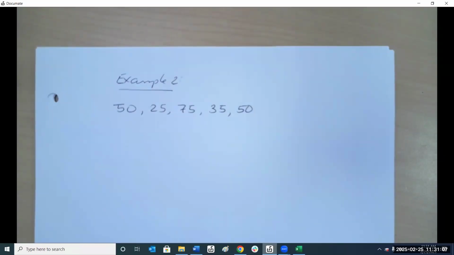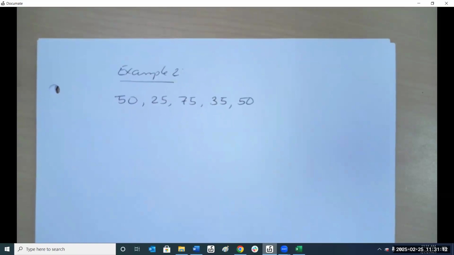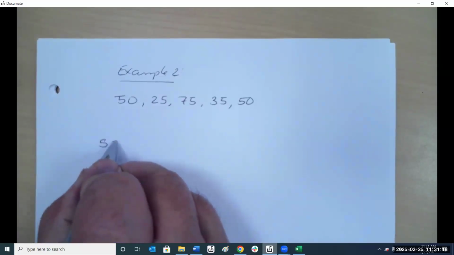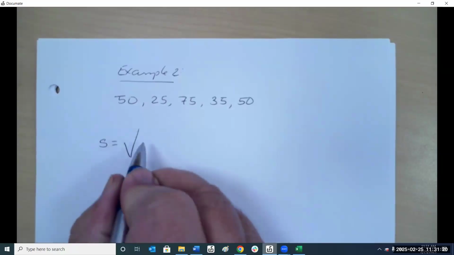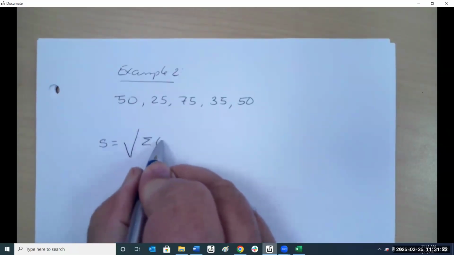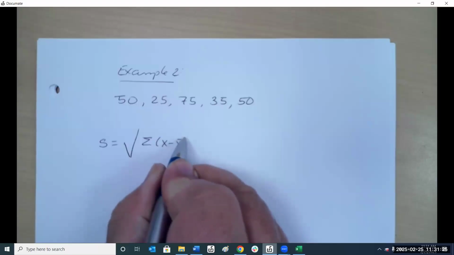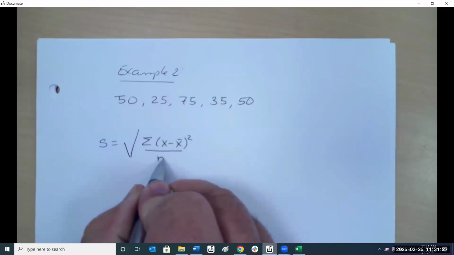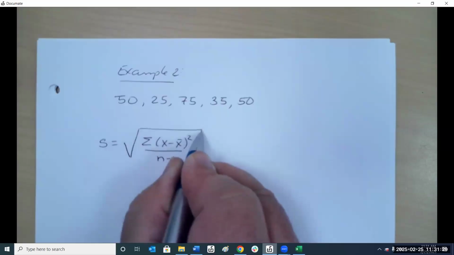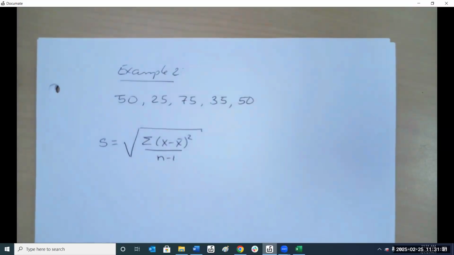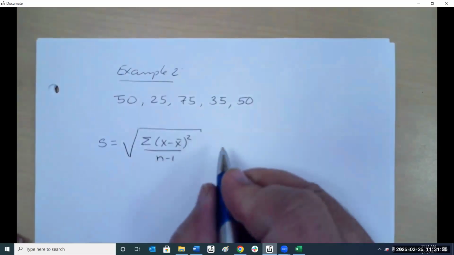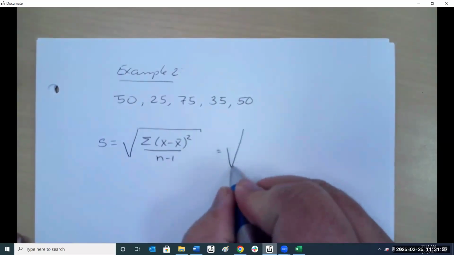But let's look at these 5 numbers here. Calculate the standard deviation. We can use 2 formulas. We can use that formula, and then we're going to look at the other formula.